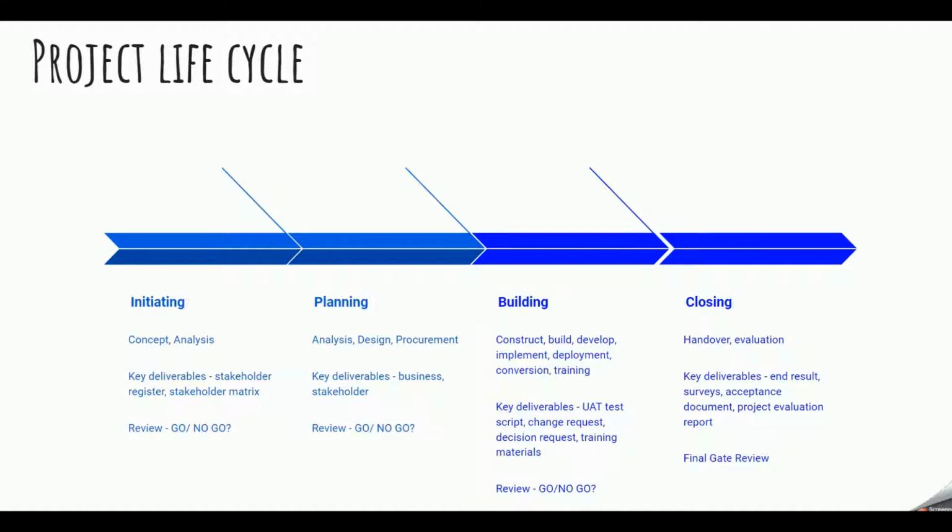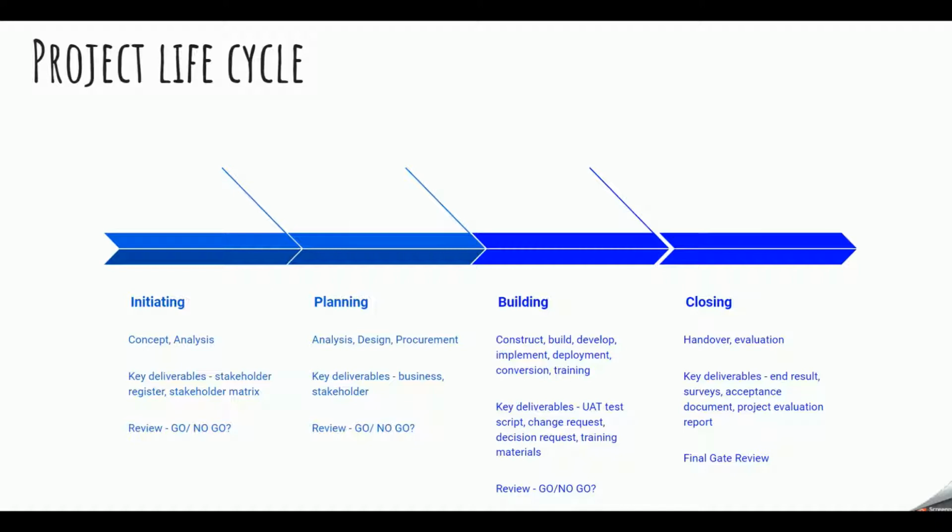So initiating analysis was more high level, but planning analysis is a deeper level of analysis, and it includes system design or just product design and procurement process as well. If you have a request for a proposal for outside vendors to come and bid for your project, then this is what that procurement process would look like, and this is also part of your planning stage.